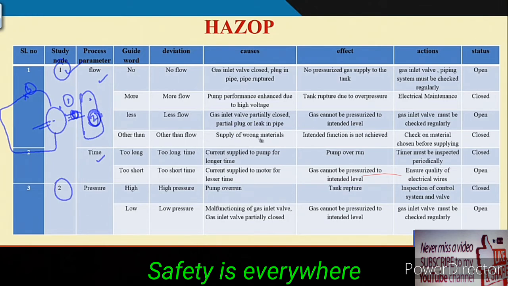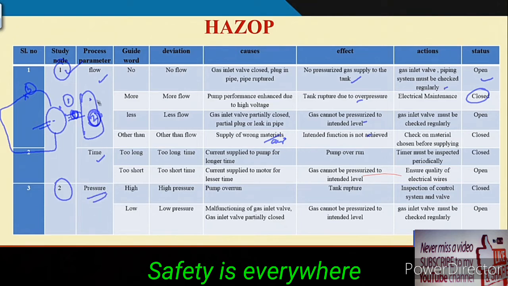Other than flow: supply of wrong materials, basically in the sense that instead of gas maybe air is supplied. Okay. Then what will be the effect, what will be the actions, and what is the status, open or closed. Open or closed we have written hypothetically.